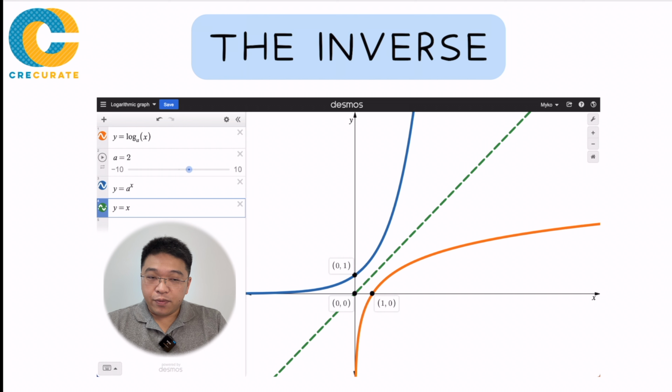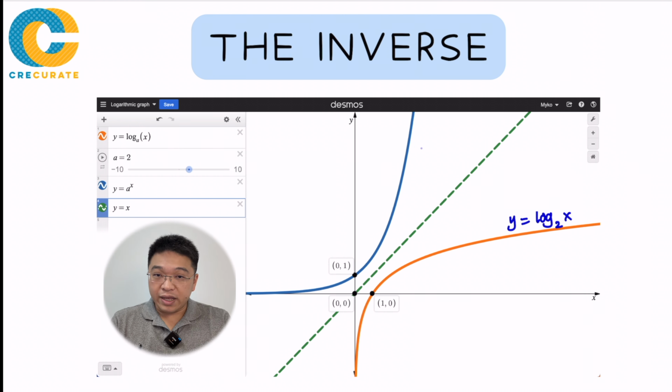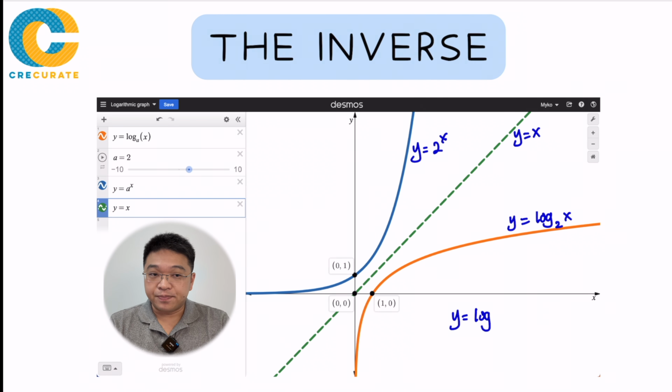Now, we are interested to look at patterns in mathematics. What we can see is that y equals log base 2 x is going to be related to y equals 2 to the power of x. They both have the same base. They are related in some sense. But how are they related? If you look at the screen here, you get y equals log base 2 x, you get y equals 2 to the power of x, and you get y equals x, which is the imaginary dotted line that we see.